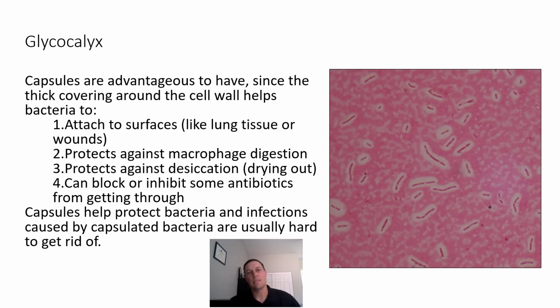The way those things act with each other, they form a barrier-like glycocalyx that can attach to surfaces, that can serve as camouflage, that can prevent drying out, that can block antibiotics. As a result, we have a virulence factor that is really something that assists these bacterial cells in causing disease.